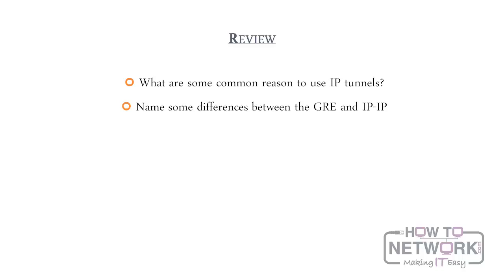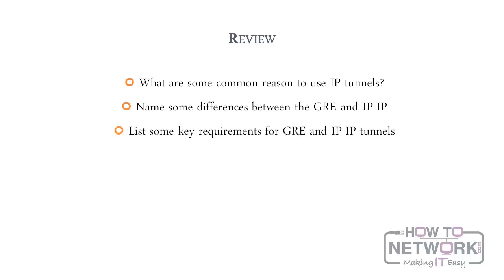IP-IP adds an additional IP header to the payload packet, whereas GRE adds a GRE header as well as an outer IP header. IP-IP encapsulates an IP packet, whereas GRE can encapsulate a number of network layer protocols such as IPX, AppleTalk, and IP.